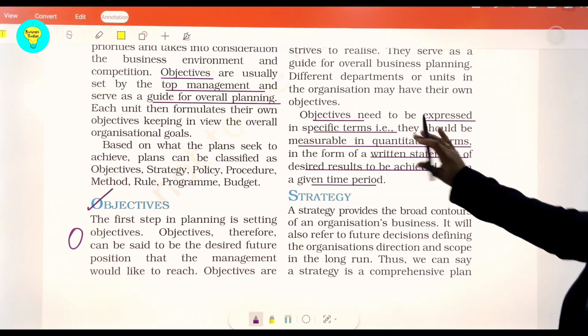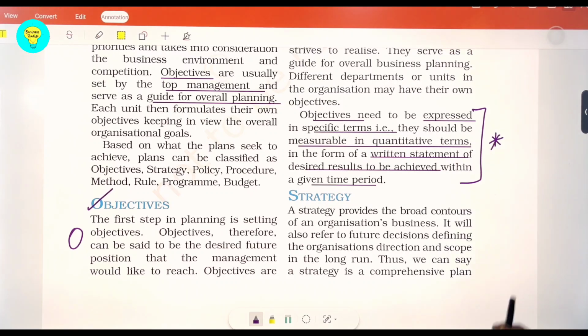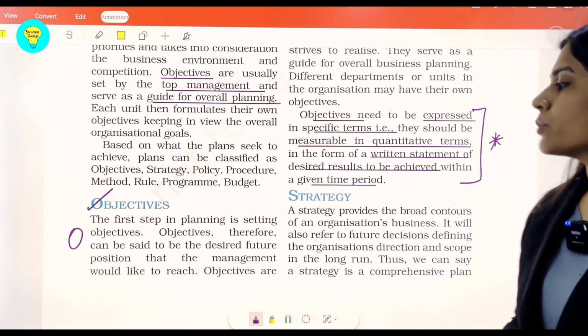So, these are a few basic characteristics of objectives which you need to check whenever you identify a particular case study, or in a particular case study you say that this type of plan is objective.